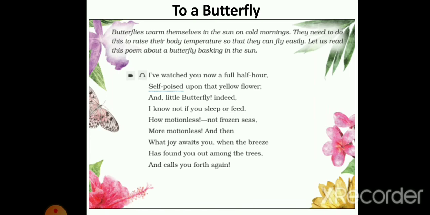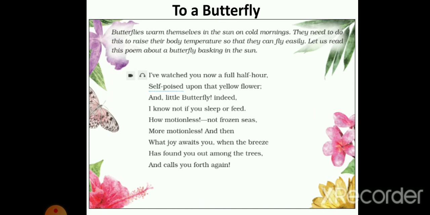What joys awaits you when the breeze has found you out among the trees and calls you forth again? So over here, the poet is imagining the joy the little creature must feel every time the breeze finds its delicate wings amongst the trees.